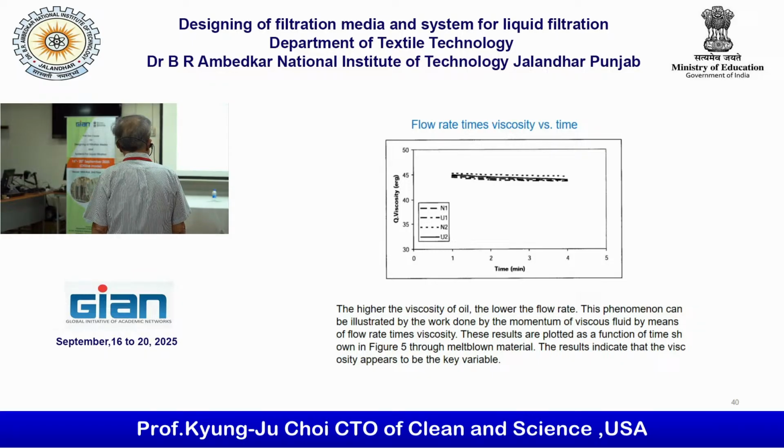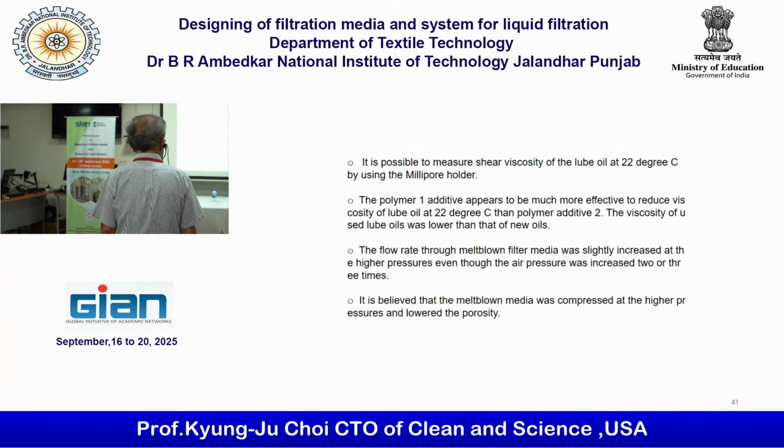So it's possible to measure shear viscosity of lube oil using millipore pressure holder. Polymer 1 additive appears to be much more effective to reduce the viscosity than polymer 2. Flow rate through the melt-blown filter media was only slightly increased at the higher pressure, even though the air pressure was increased 2 or 3 times. This is the issue.